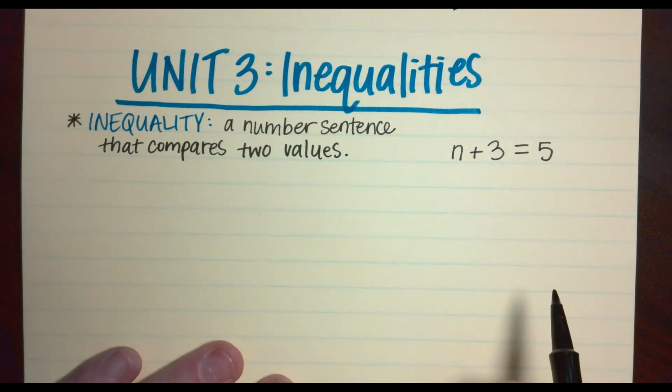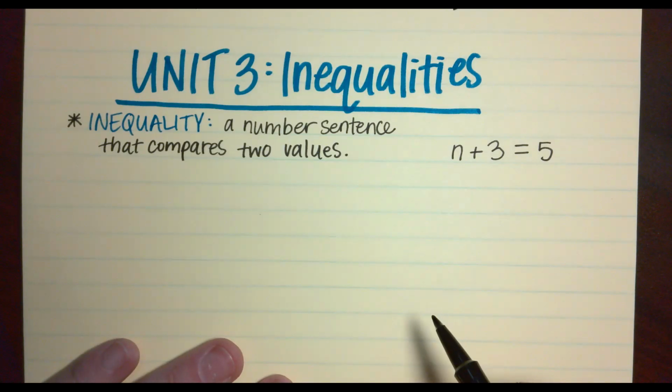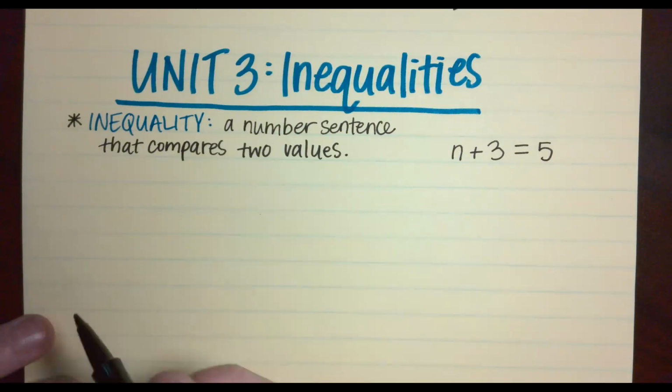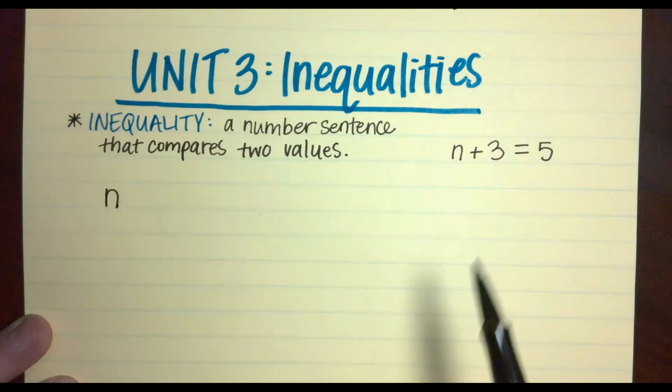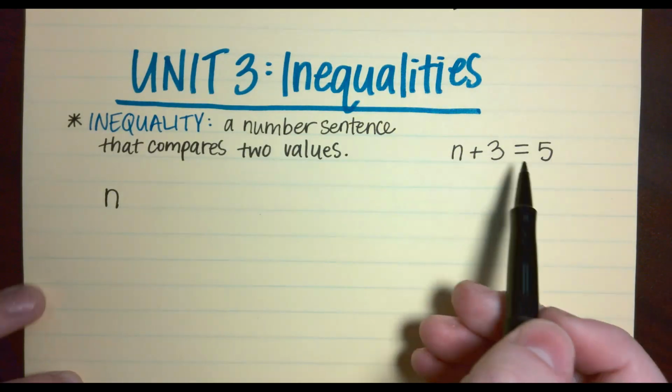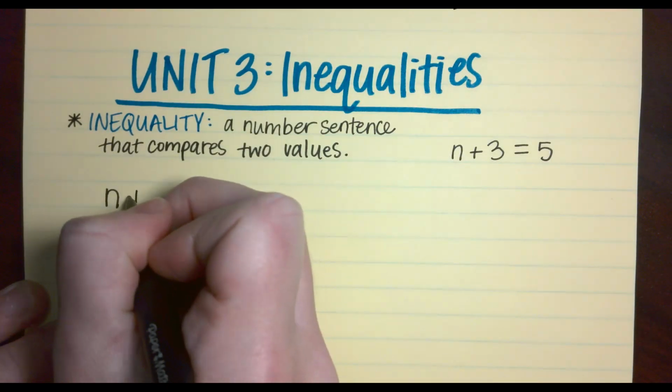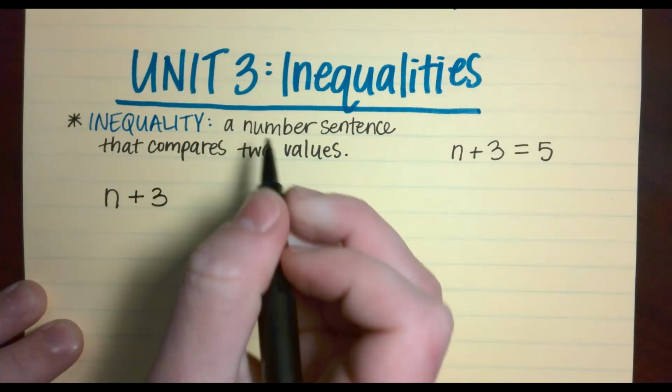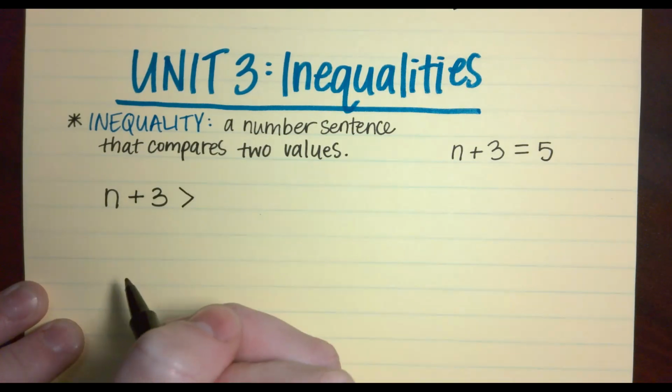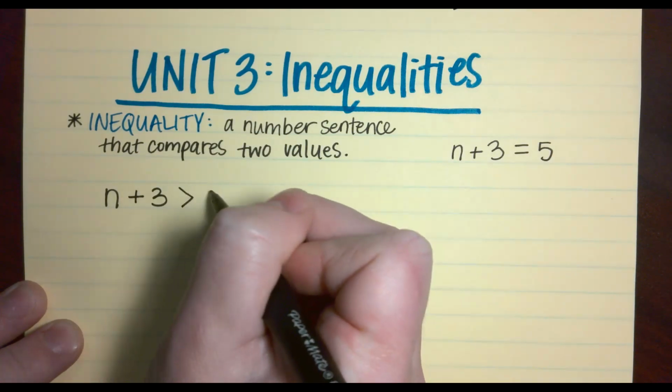So let me give you an example of an inequality. I'm going to use the same numbers as I did here in this equation. I'm going to put n plus 3 is greater than 5.